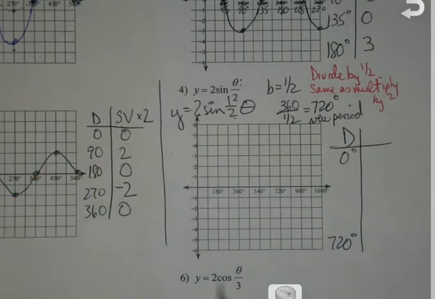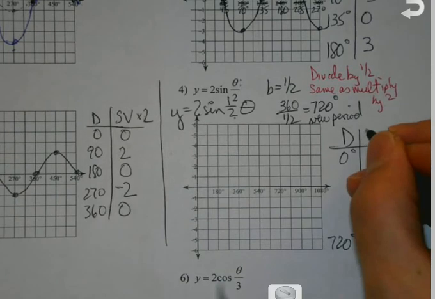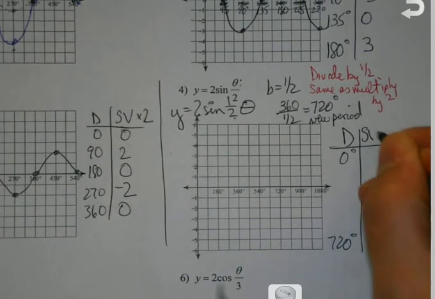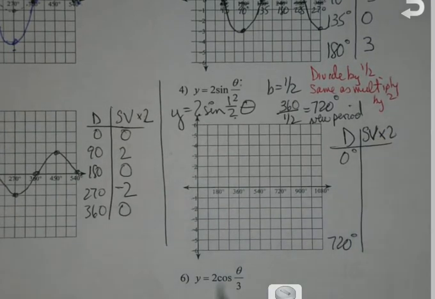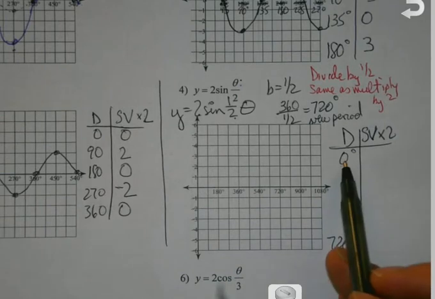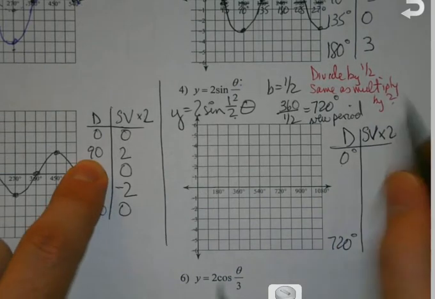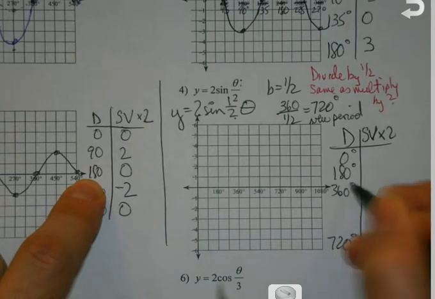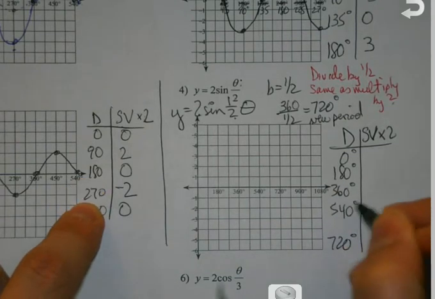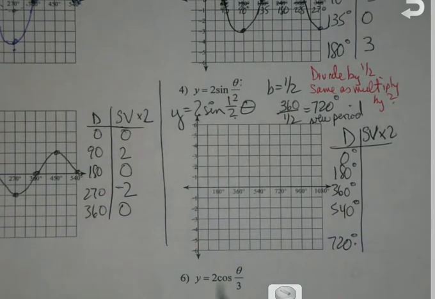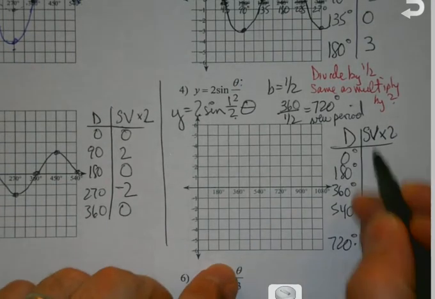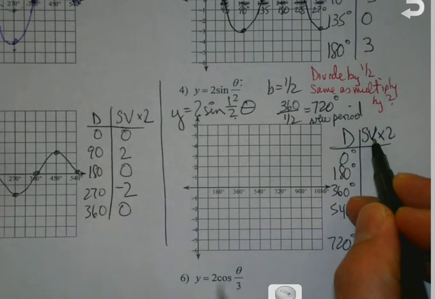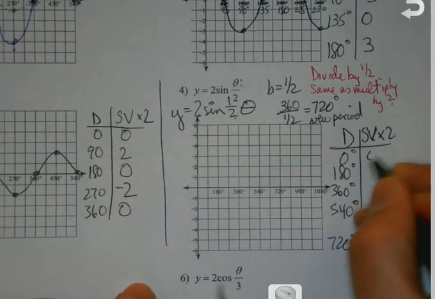Because if you divide by something, you multiply by its reciprocal. So I take each of my angles and I multiply them by 2. 180, 360, 540, and 720. Good, I know I did it right because it ended up in the right place. And this time we've actually got them labeled the right way. And then my sine values times 2. Well, I just did that in this one, so I'm going to copy those.